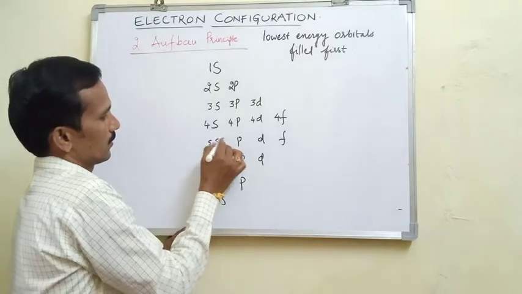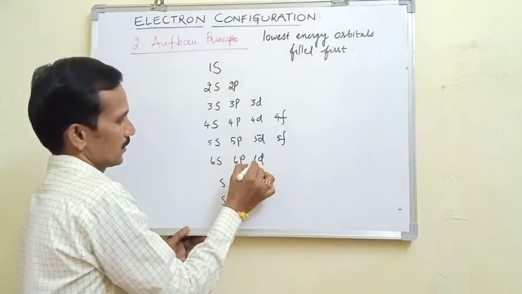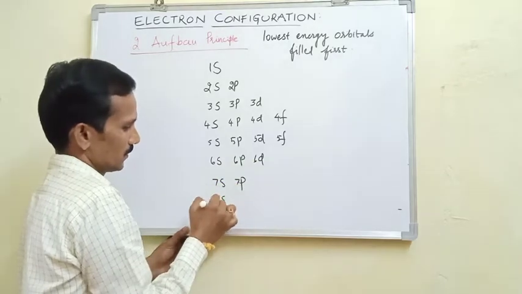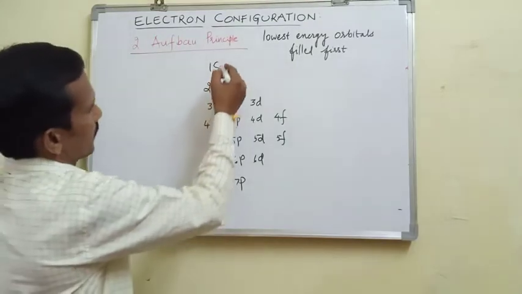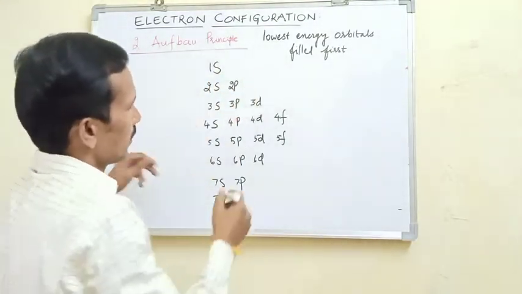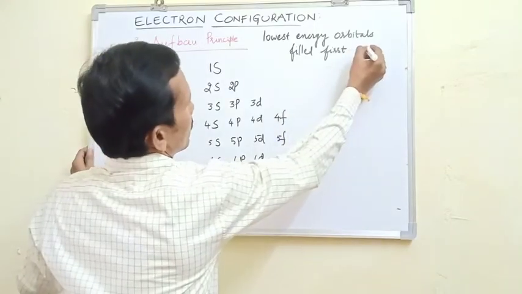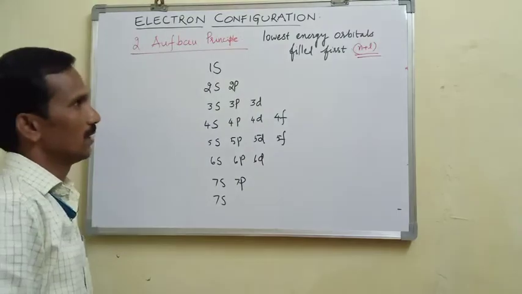So we give the values 5, 6, 7 repeatedly. So this is the Aufbau chart, which tells the increasing order of n plus l value, the energy of orbitals.